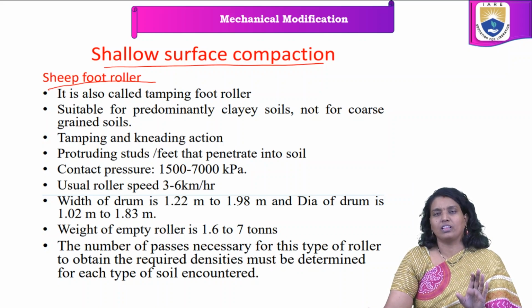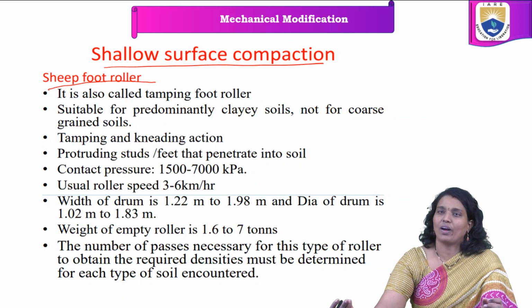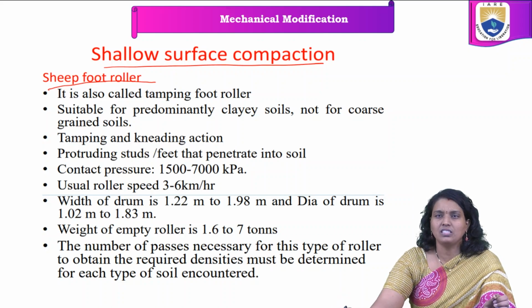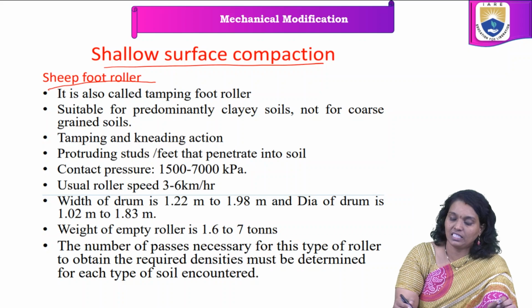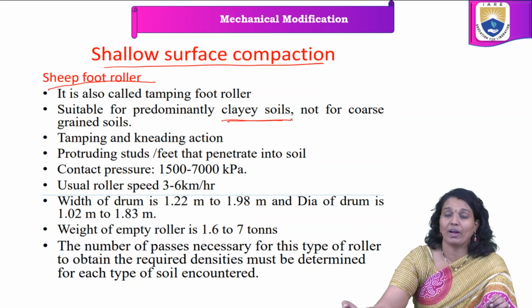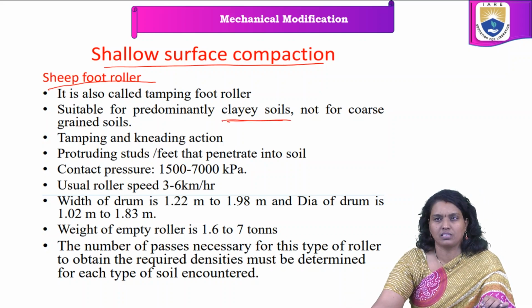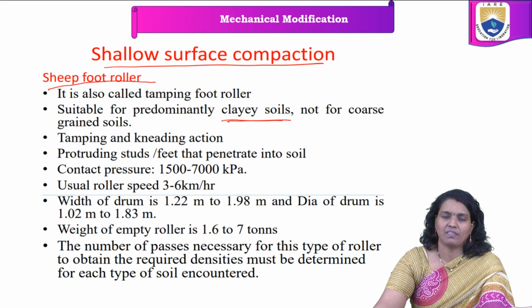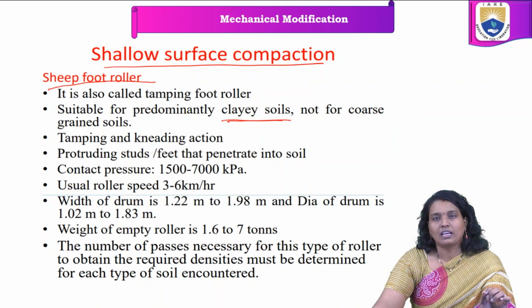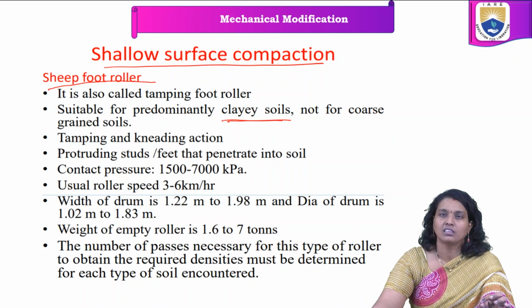It depends upon the quality and requirement of the soil. We know soils are majorly of two types, fine grain and coarse grain. Shallow surface compaction is clearly for clayey soils, not for coarse grain soils.